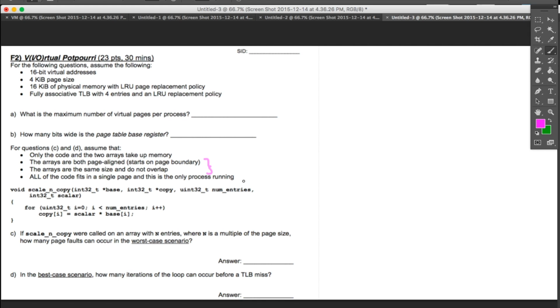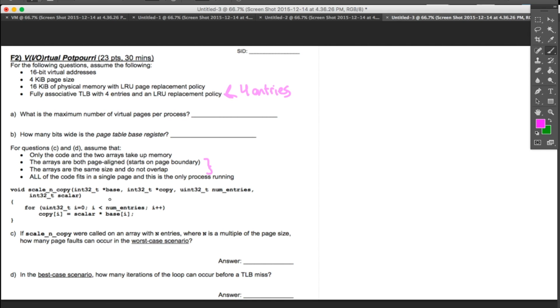So what do we get from this? We know that of our TLB entries, one of them is dedicated for code. Tying back into our TLB entries, how many do we have? If you remember from earlier in the problem, we have 4 entries total. So we're given this code, scale and copy.